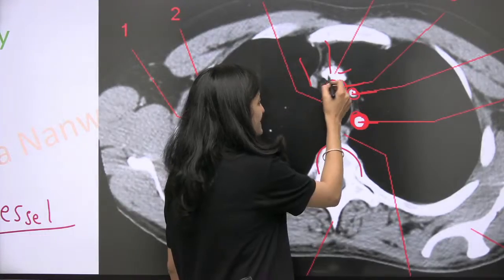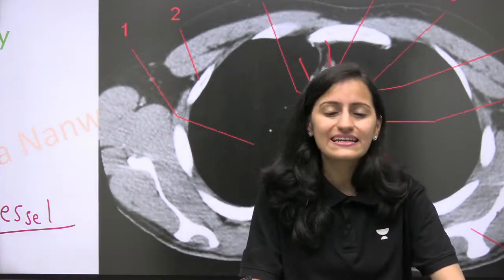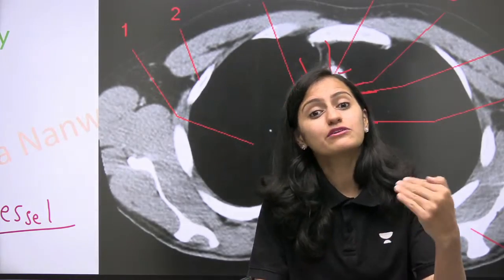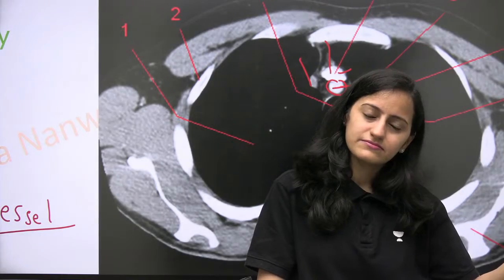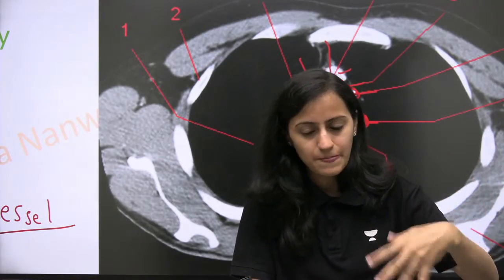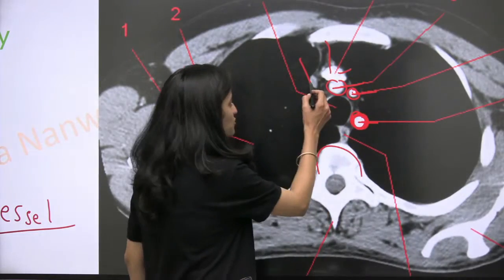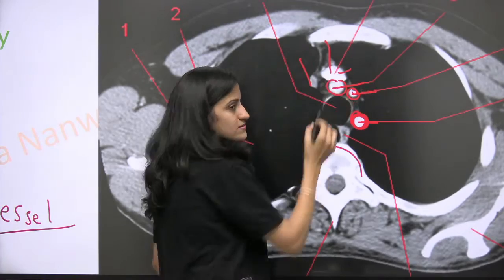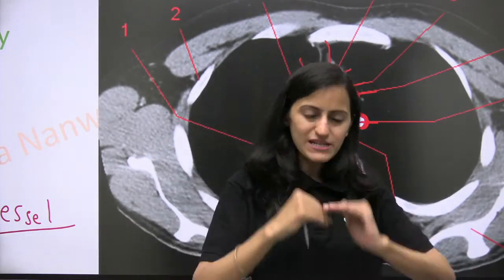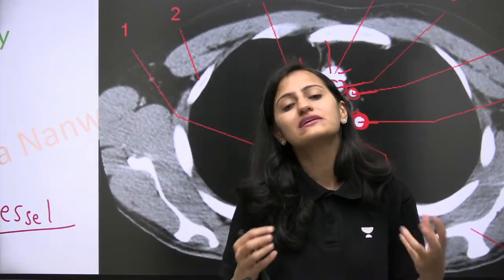Now, these two vessels here anterior to the artery. Remember that generally anterior to the arteries, we have the veins. Veins are located anterior and generally to the right. Right? IVC is to the right of aorta. Veins are generally on the right side. So, these two vessels that you see here are the veins. These are the two veins which unite to form, as we'll see in the section below, the superior vena cava.